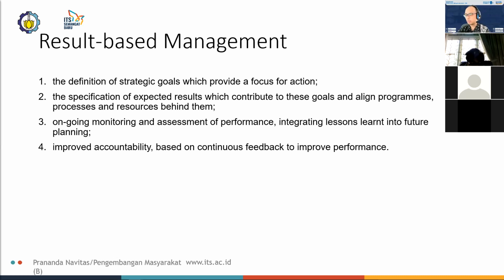The first pillar of RBM, and LFA for that matter, is the definition of strategic goals, which provide a focus for action.